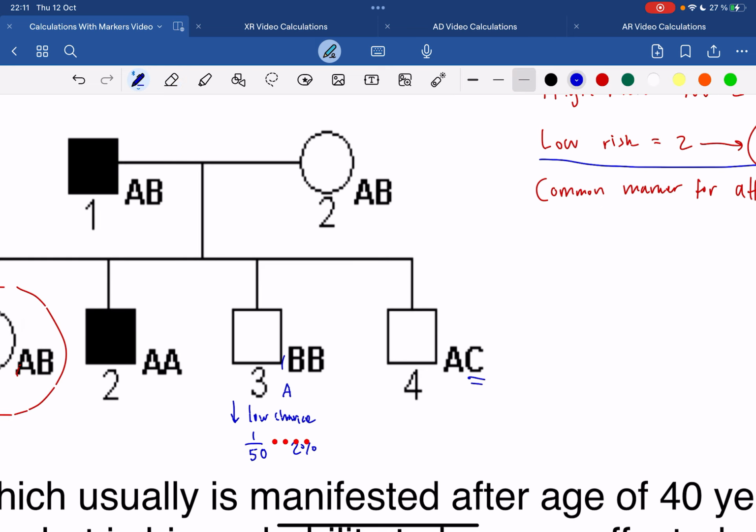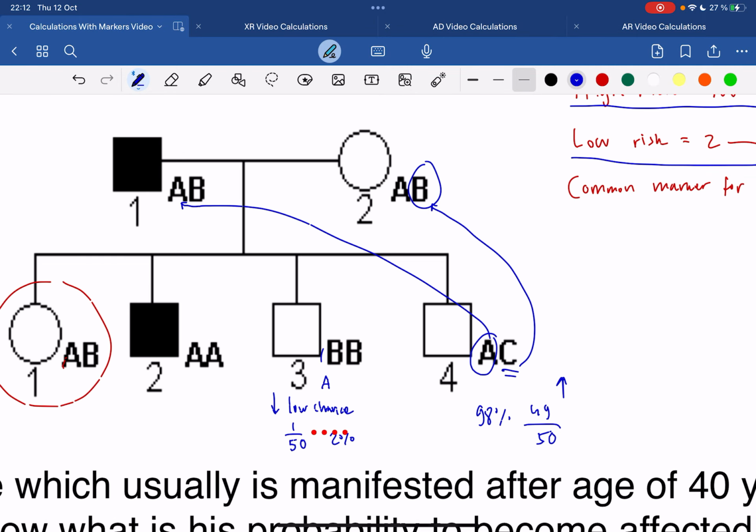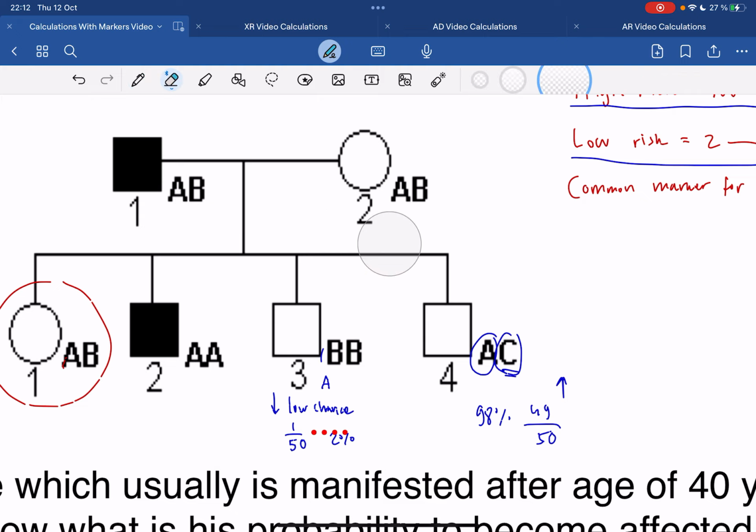And the high risk is 98%, or 49/50. That is in case we know that for sure, because again, even if it was de novo, we couldn't say for sure that this de novo mutation didn't come from the dad or the mom. We don't really know for sure. But if we assume that the de novo came from the mom, then we know that the A came from the dad.